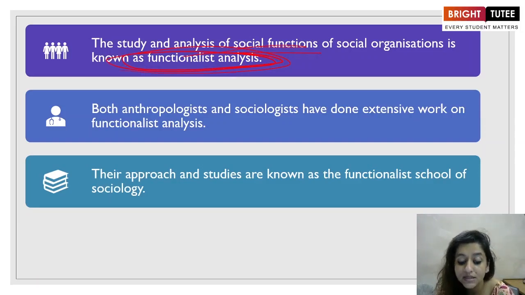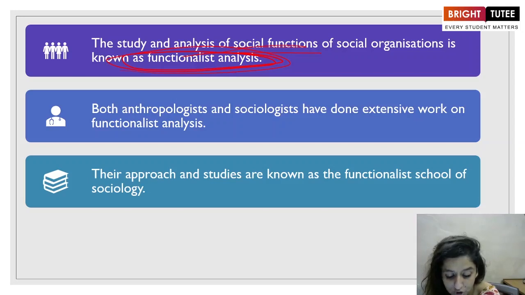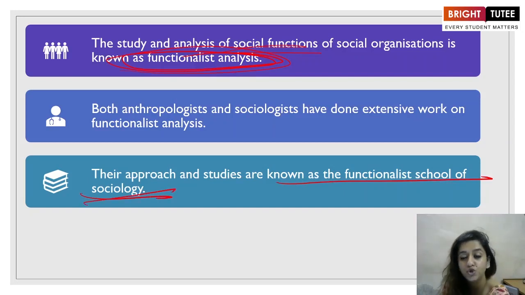It means that the whole study and analysis of the social functions of social organization is called the functionalist analysis. Both anthropologists and sociologists have done extensive work on this social functionalist analysis. Their approach and studies are known as the functionalist school of sociology.